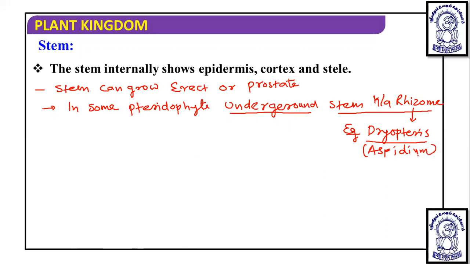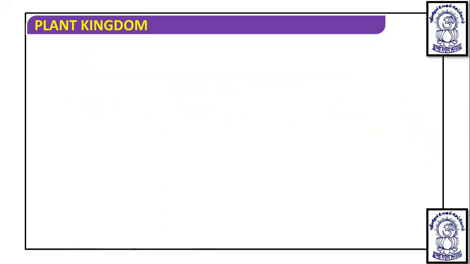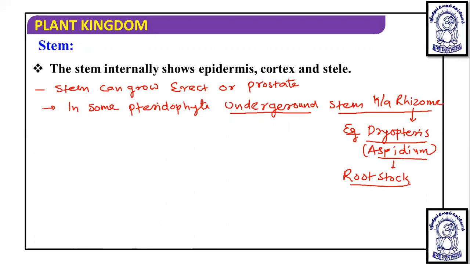And in aspidium, this rhizome is particularly known as a rootstock. So rootstock is an unbranched rhizome. They have no branching, and without branching, this rhizome is seen as an underground stem in the case of Dryopteris or Aspidium. Now, apart from this, next we talk about leaves.